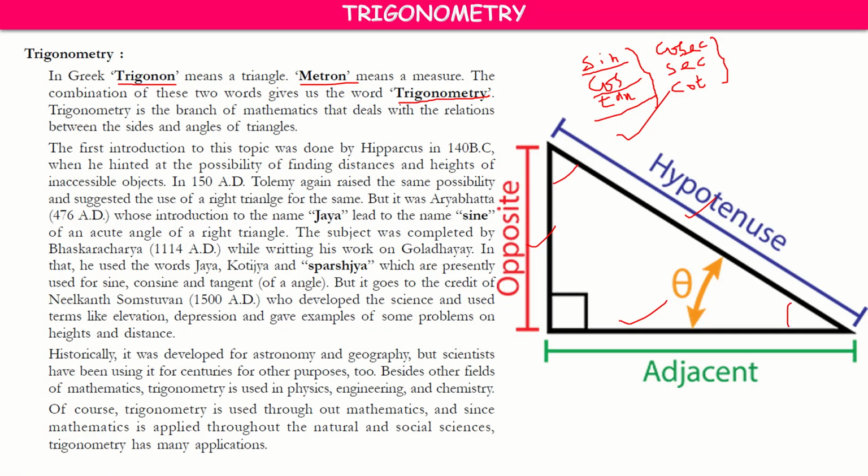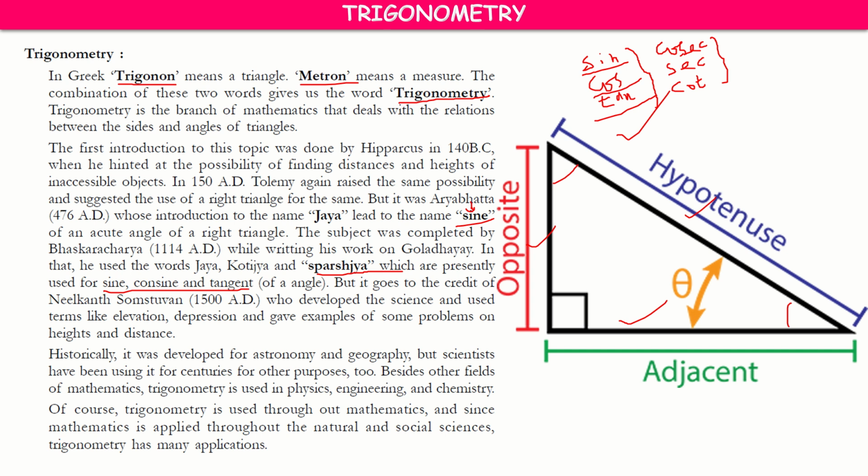Understand? If you read all this, Aryabhatta introduced the name Jaya, which led to the name sine. This sine was introduced by Aryabhatta, and Bhaskaracharya also used Jaya, which is presently used as sine, cosine and tangent.